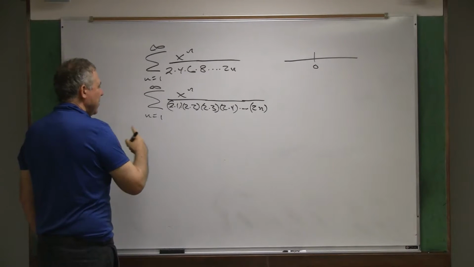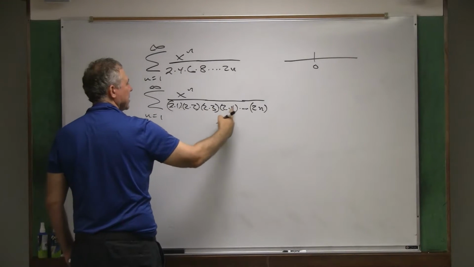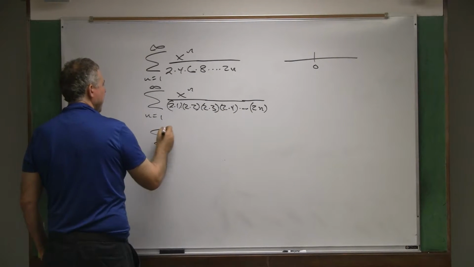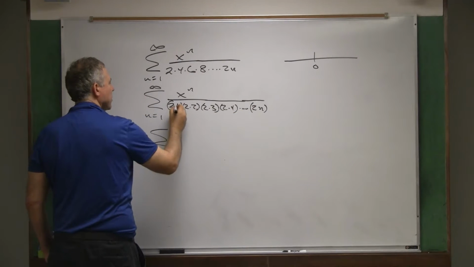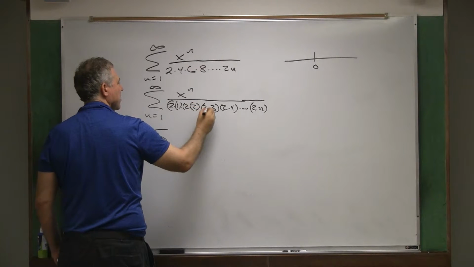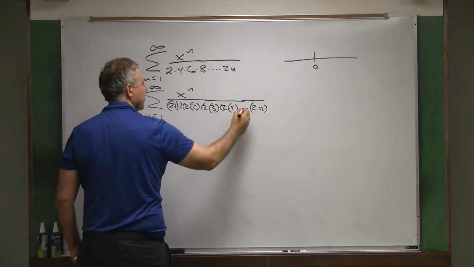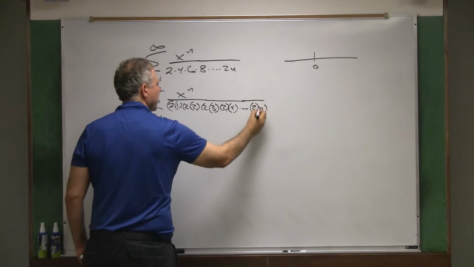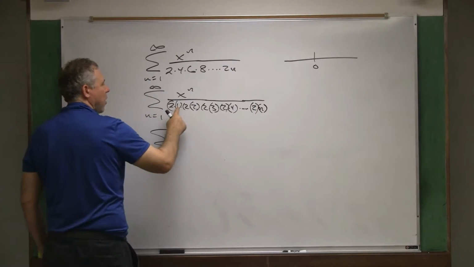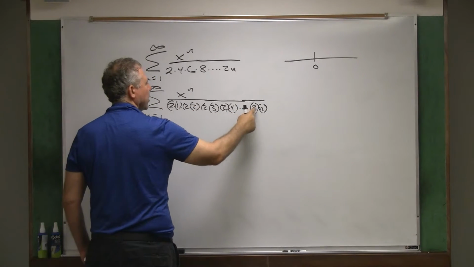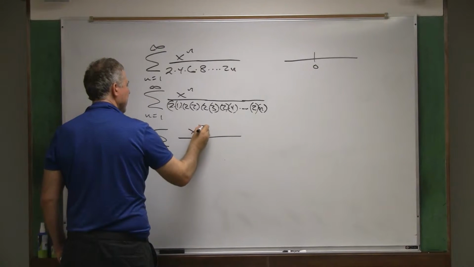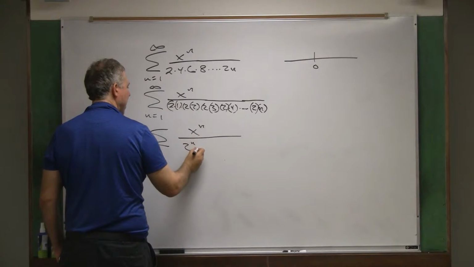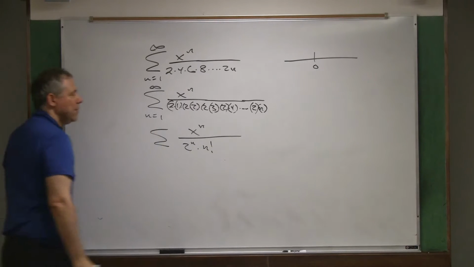If I take the 2's and make that a 2 to the n, then the 1, 2, 3, 4 dot dot dot n part is an n factorial. So don't I have x to the n over 2 to the nth power times n factorial?